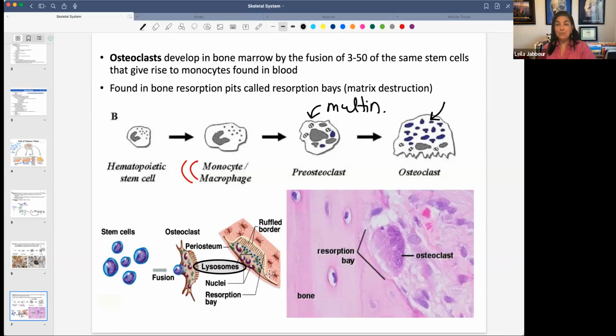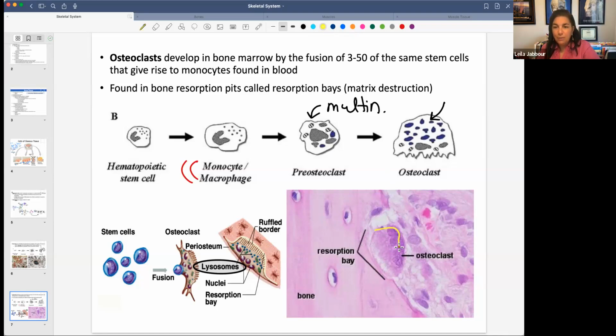By exocytosis, the lysosomes are going to fuse with the membrane, and all of these enzymes are going to end up in the resorption bay, which is the space where the osteoclast sits on the bone. And these enzymes are going to start digesting the organic matter of bone.